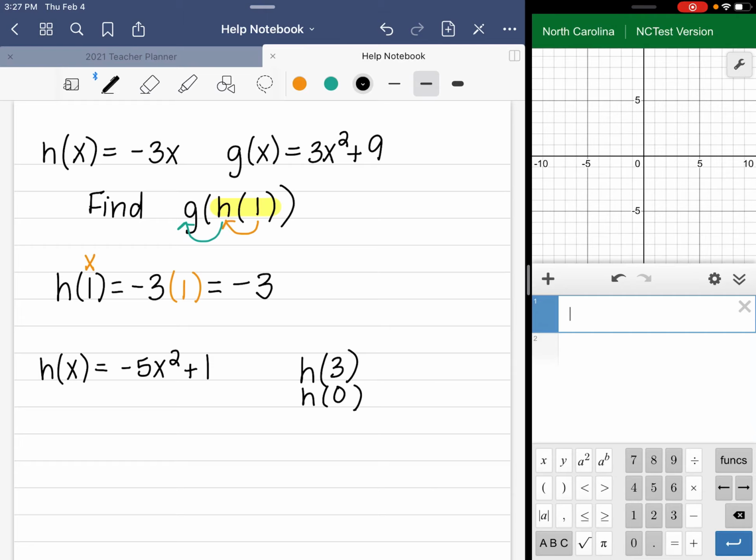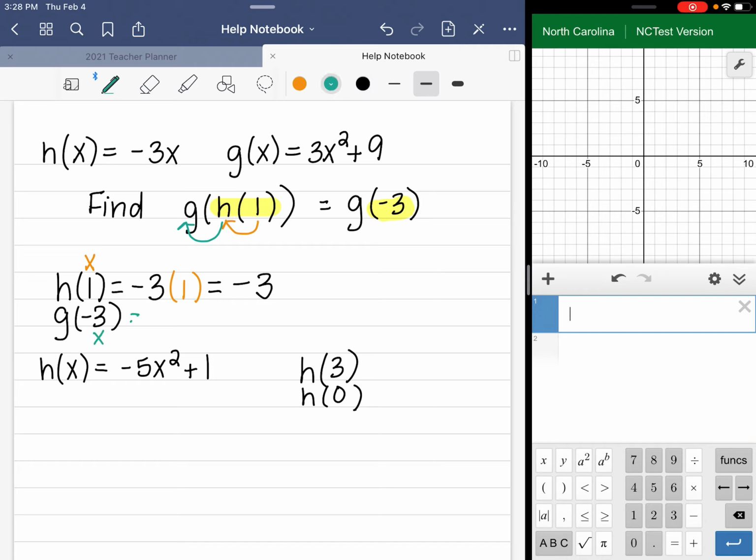So -3 times 1 is going to be -3. So basically what I do is if I replace that, I now know that g is we're going to input -3, because -3 and h of 1 are equal to the same thing.